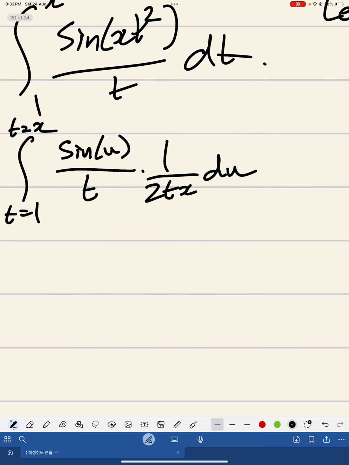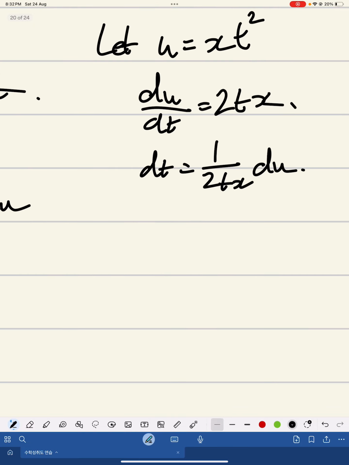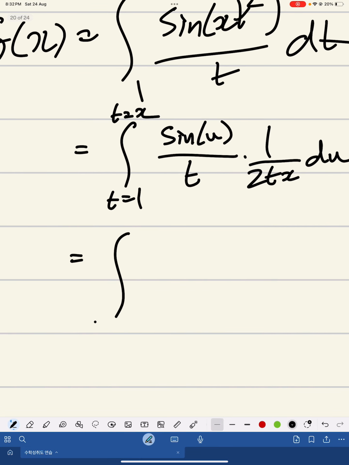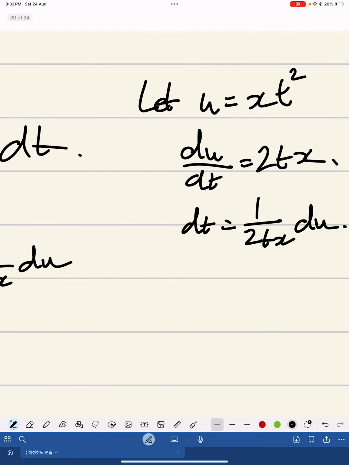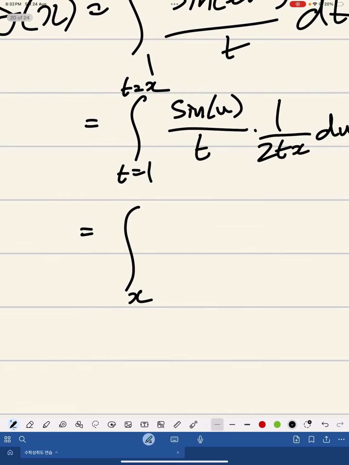And we should change the boundaries from t to u. So when t equals 1, we can see that u equals x. And when t equals x, u equals x cubed, because it's x squared times x.